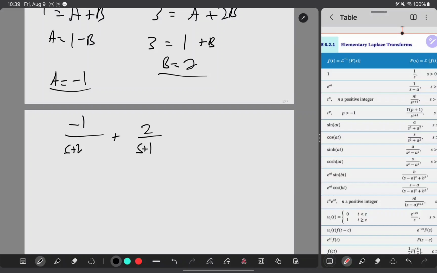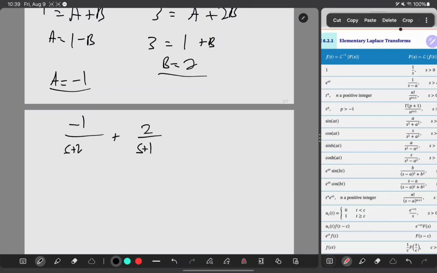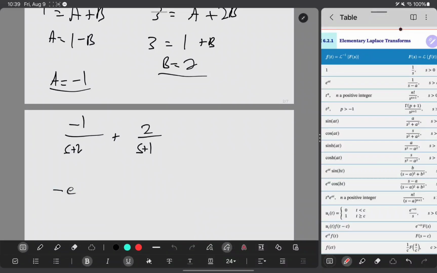We have S pluses, so sine and cosine most likely. I would say, wait. They're not squared. It would be e to the at. In this case, we have minus e. Oh my, what is this?